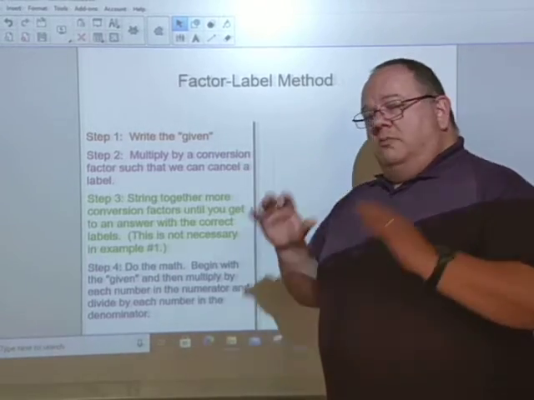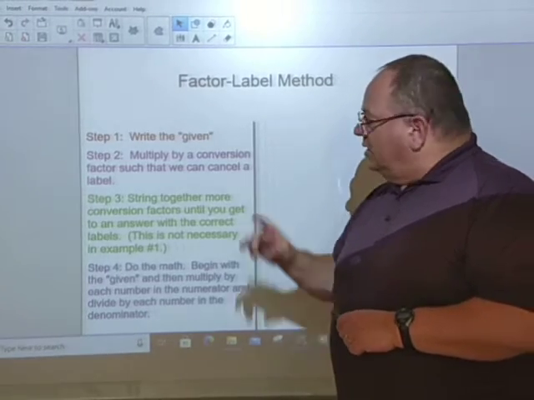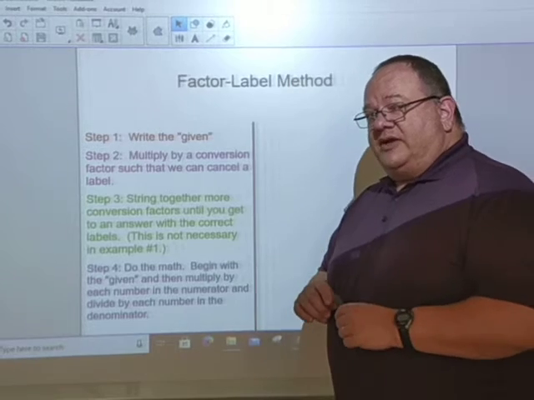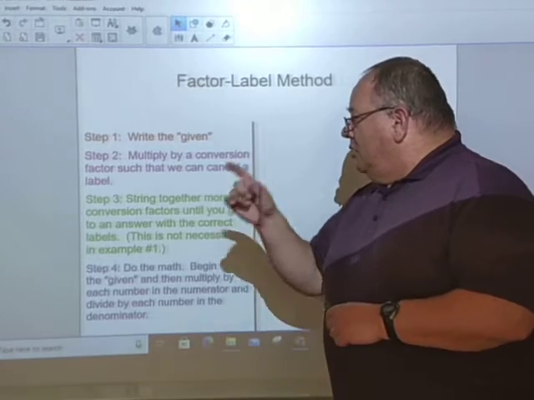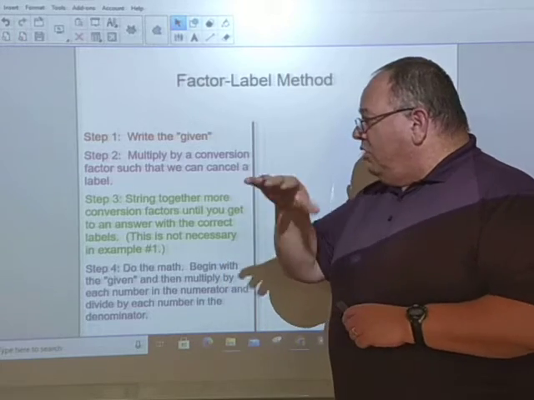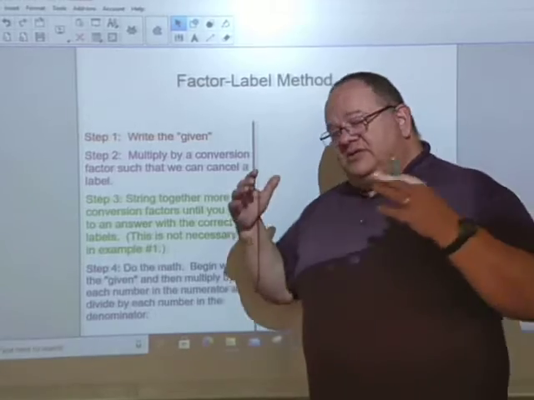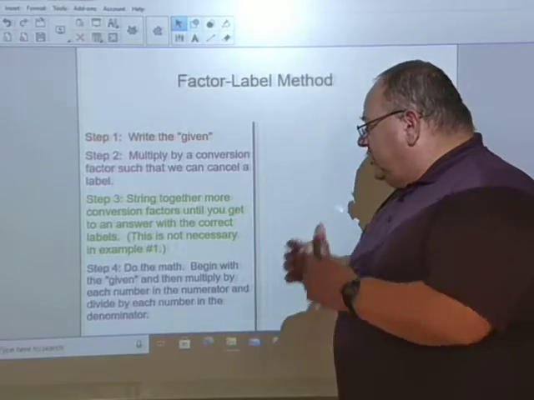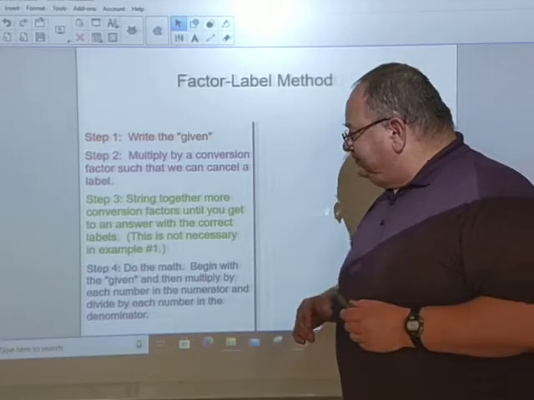Step two, multiply by a conversion factor such that we can cancel a label. I will define conversion factors in just a little bit. Step three, we're going to string together more conversion factors until you're finally left with an answer that has the correct labels. We can do as many conversion factors as we want.